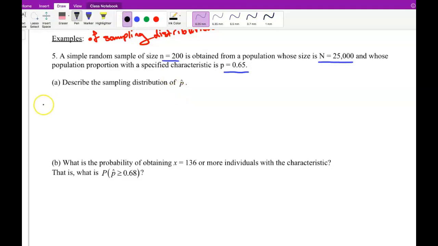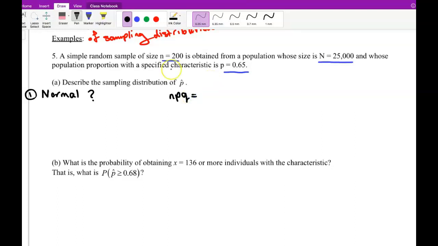The first one, do we have a normal distribution? I can answer that: the first part was n times p times q, which should be greater than or equal to 10.